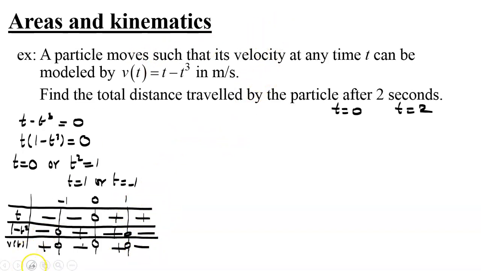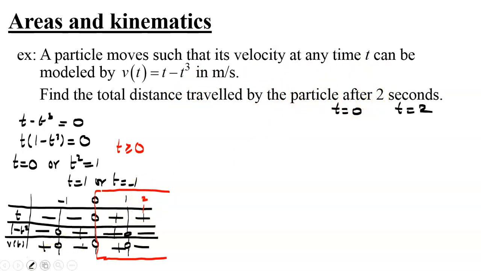However, as I've just mentioned, t is greater than or equal to 0. So this is the part of the table of signs I need to look at. I need the total distance traveled by the particle after 2 seconds.